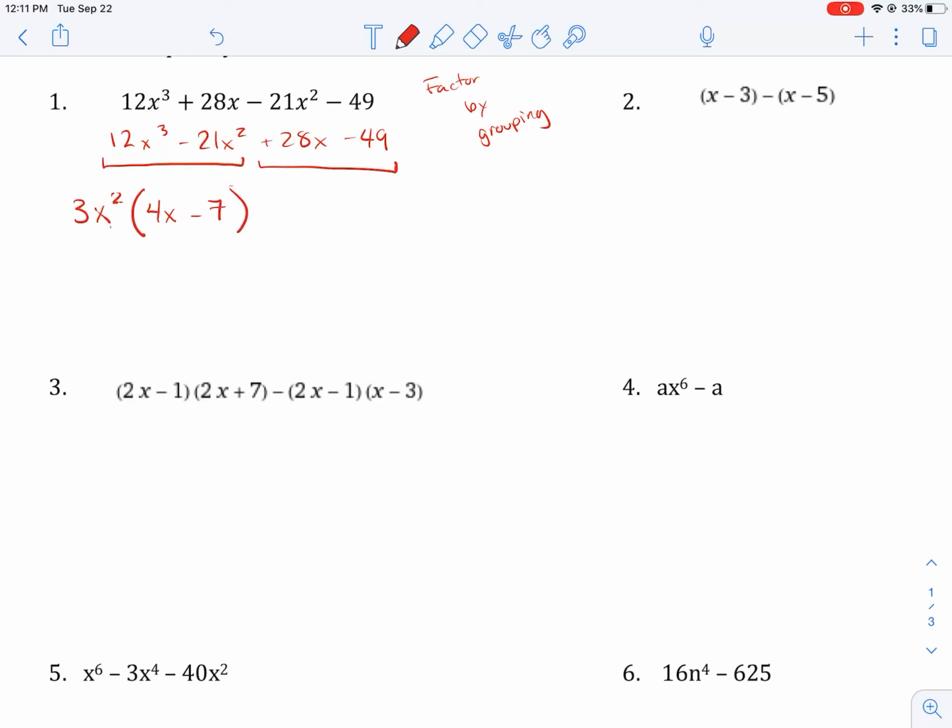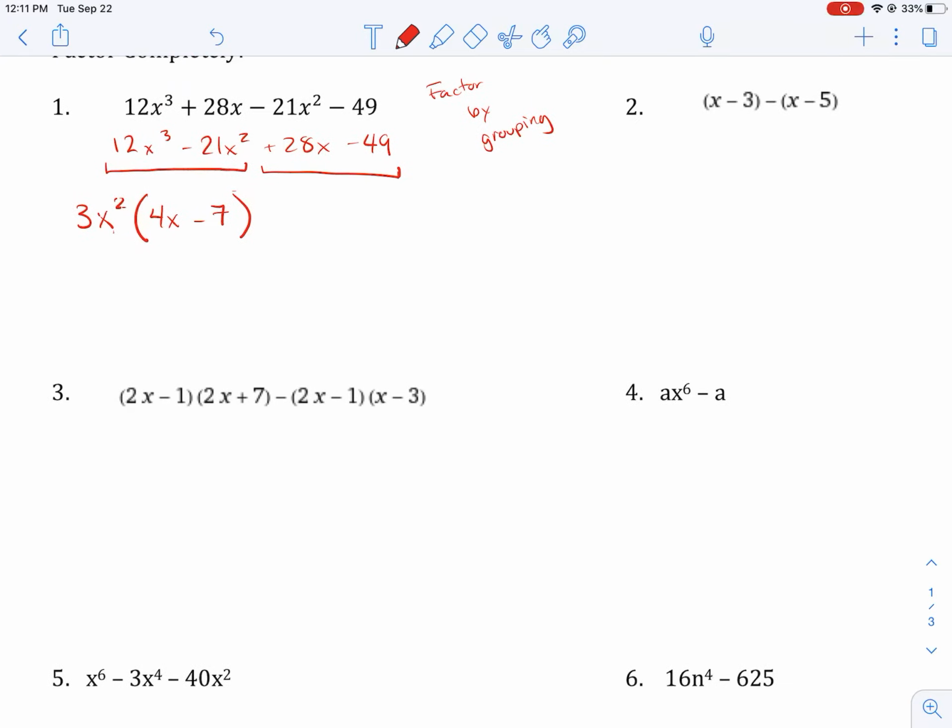Now, in order to ensure that this is a factorable problem, and because we're using factor by grouping, when I take out a GCF from this next pair of terms, I want to make sure that I'm left in parentheses with that same 4x minus 7. So I see that's a positive 28, so I'm going to take out a 7. I'm going to be left with 4x minus 7.